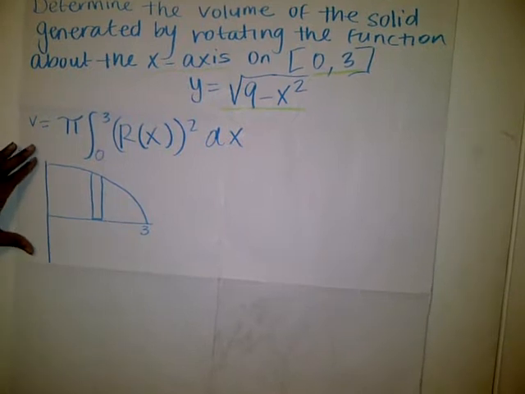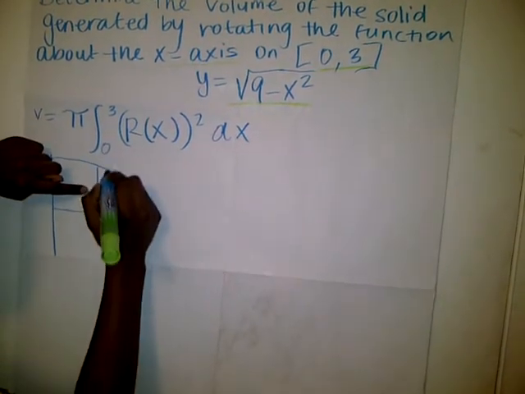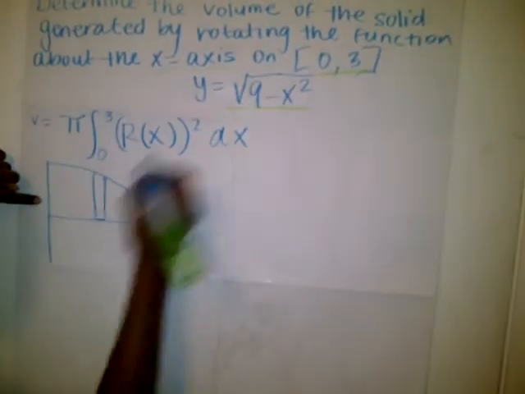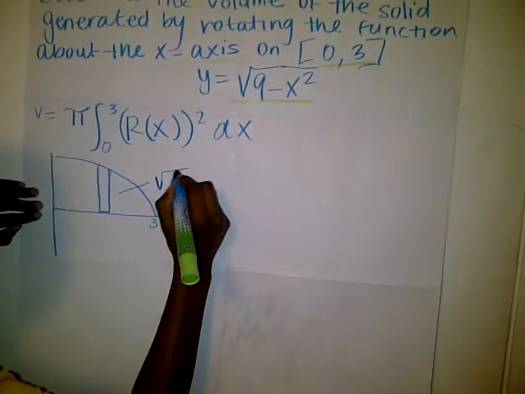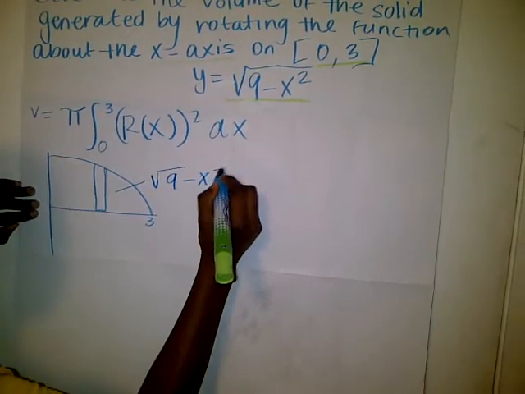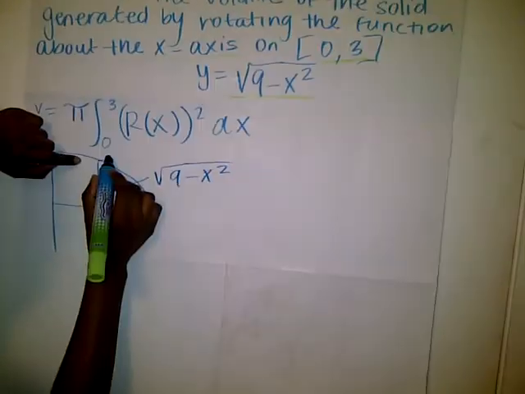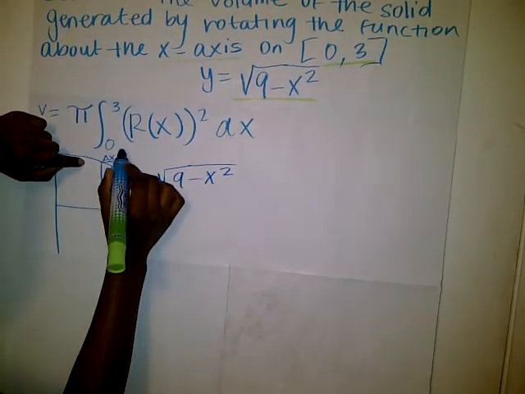Now if we look at this graphically and we insert a rectangle here, the length is going to be the y, which is given to us as the square root, and the width, delta x, is going to be our dx.